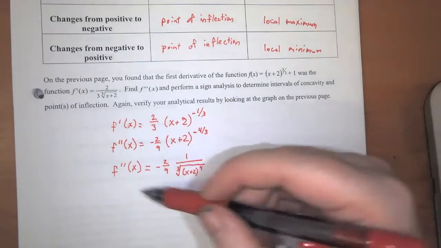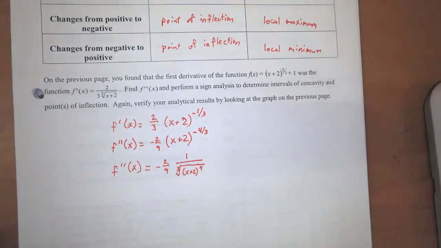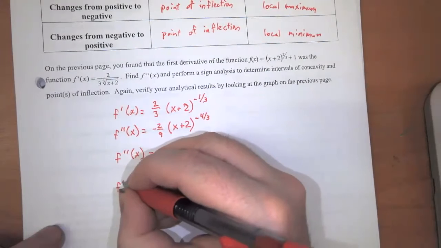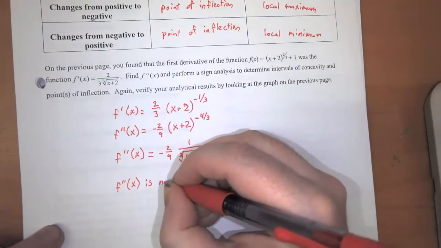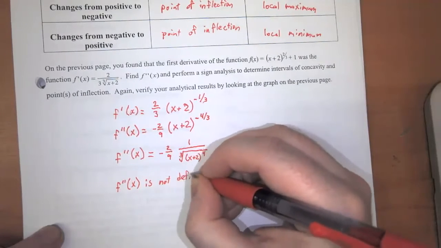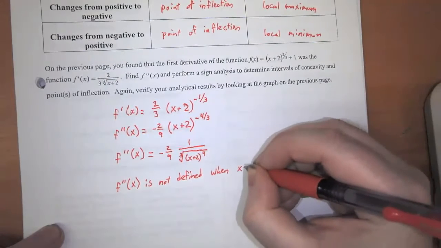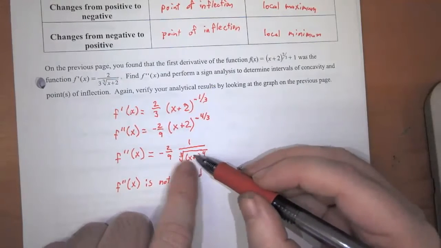All right, so let's think about where this function is defined and not defined again. So f double prime of x, once again, is not defined when x is equal to -2. Because then we've got 0 to the 4th power, a cube root of that.